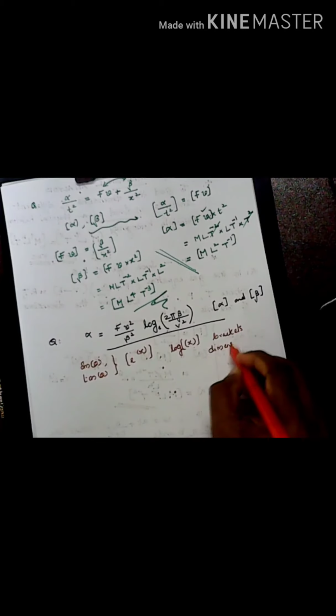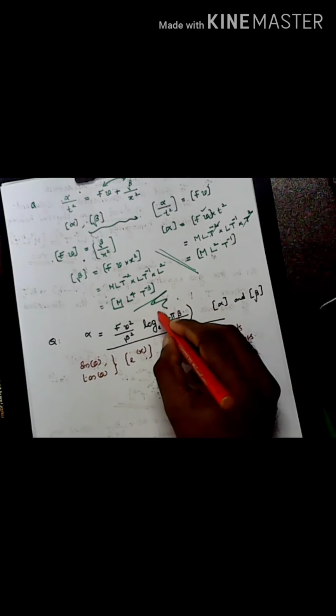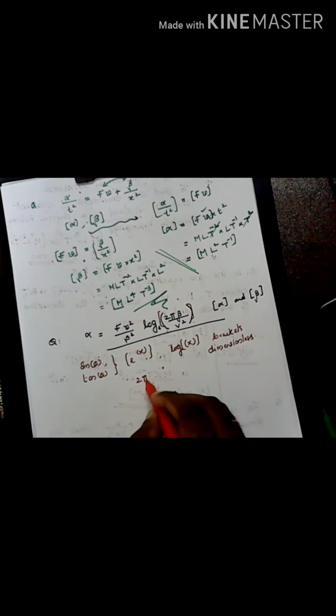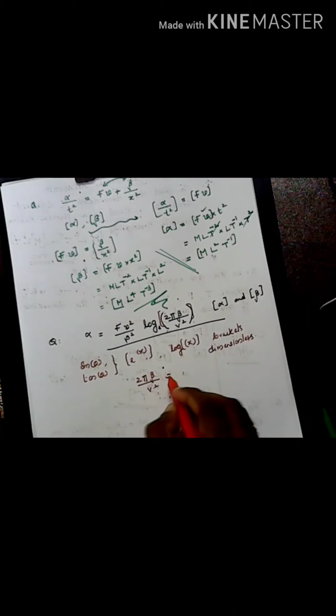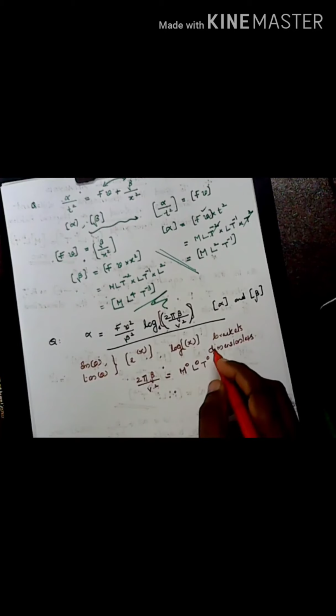The very important concept. So by using this concept, see, it is a log function, and hence we can say 2 pi beta by v square equal to m raised to 0 l raised to 0 t raised to 0.